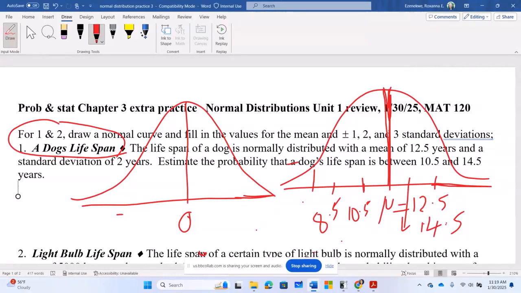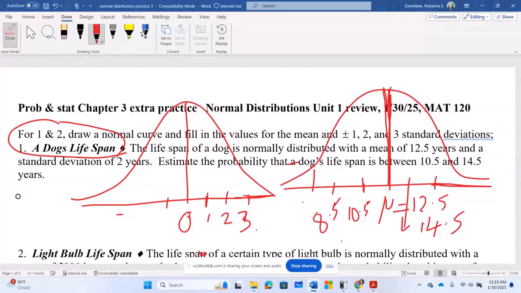When it is 1 standard deviation above the mean, it is 14.5. 2 standard deviations above the mean, it's 16.5. 3 standard deviations above the mean, 18.5.